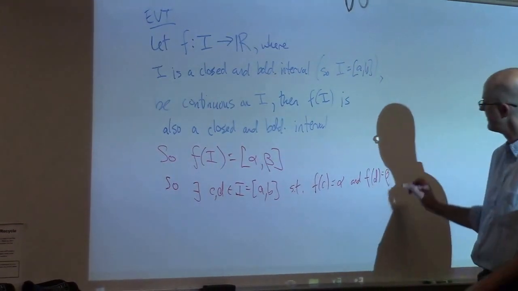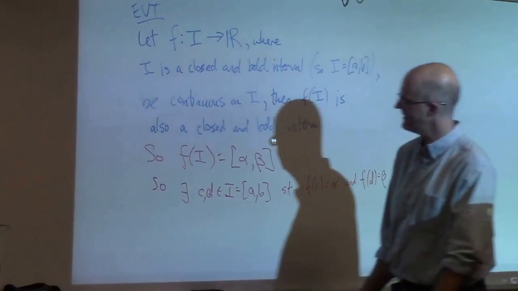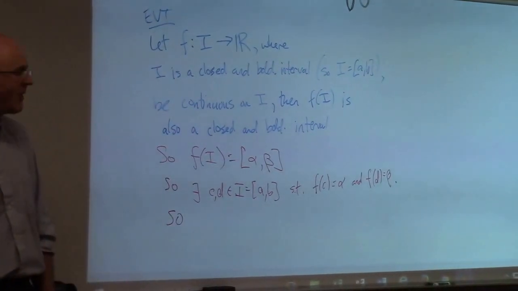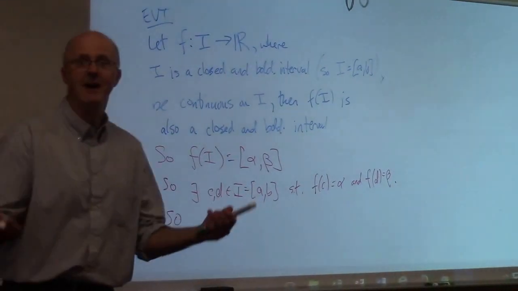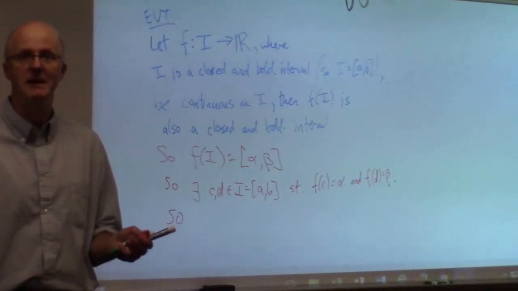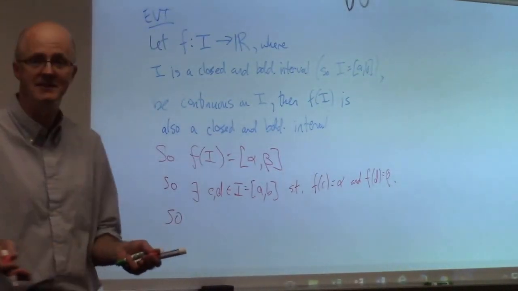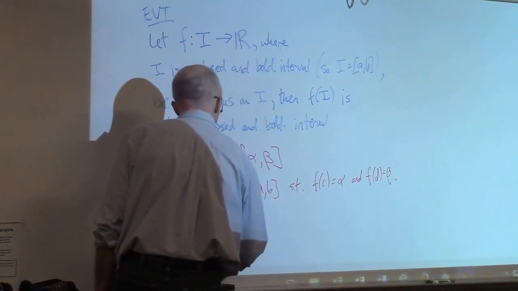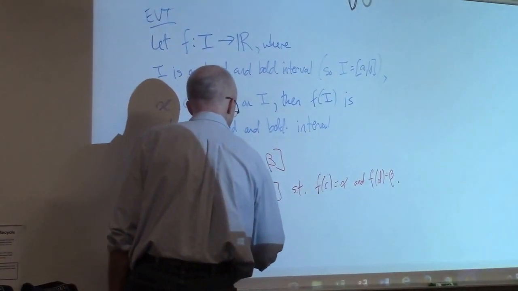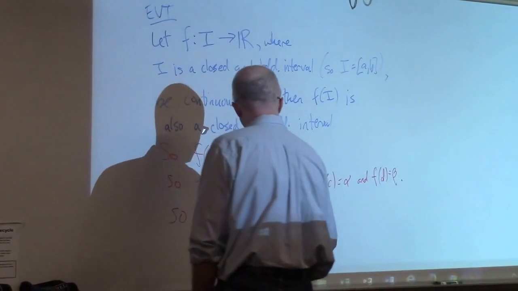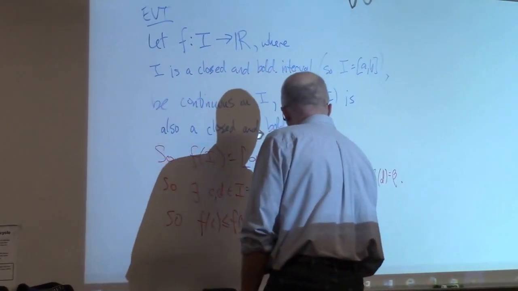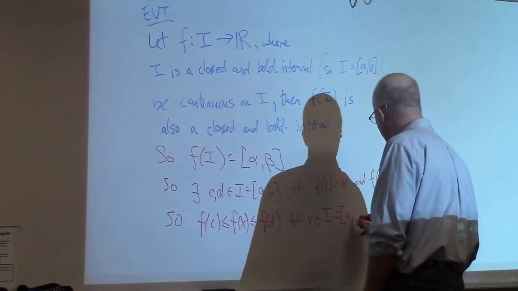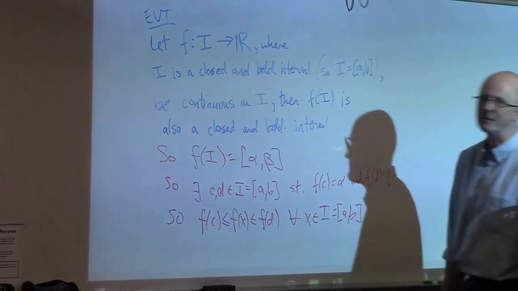One more sentence here: the f of x values for all x between a and b are going to be between f of c and f of d. Say f of c is less than or equal to f of x is less than or equal to f of d for all x in the interval I. In other words, for all x between a and b.